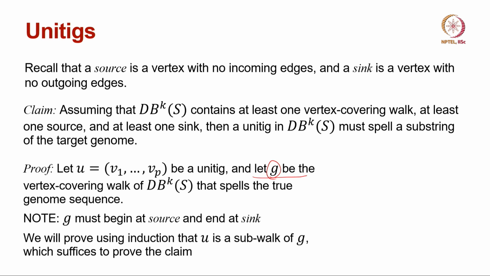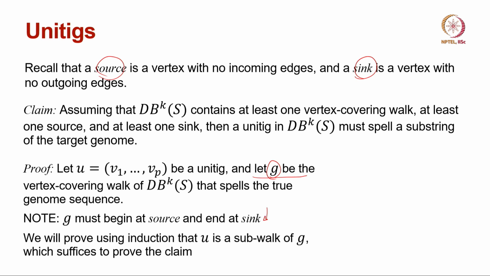Now, observe that G must begin at a source and must end at a sink vertex, because a source has no incoming edge and a sink has no outgoing edge. So, G must begin at a source and end at a sink, otherwise we will not be able to cover the source and sink vertices in the walk. So, this is a simple observation.